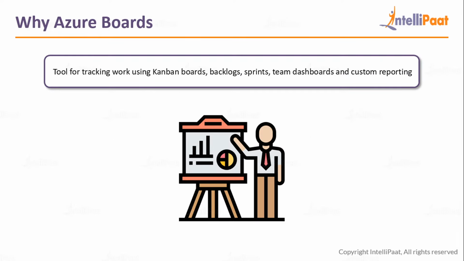Now let us look at these services in a little more detail. First, Azure Boards are basically Kanban boards, backlogs, sprints, team dashboards, and custom reporting. So you can track the work. Let's say you have a project on Azure DevOps, you can track the work using Kanban boards and other services like sprints and team dashboards using Azure Boards.